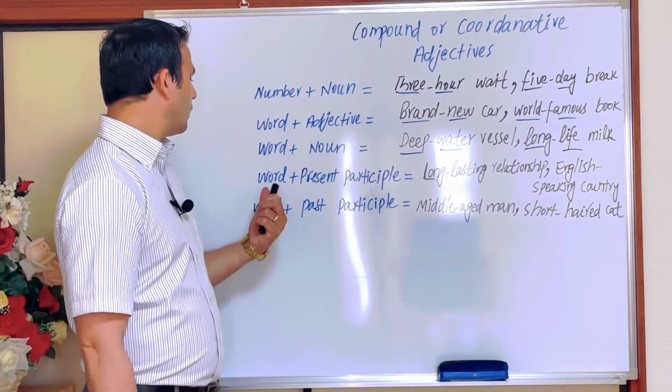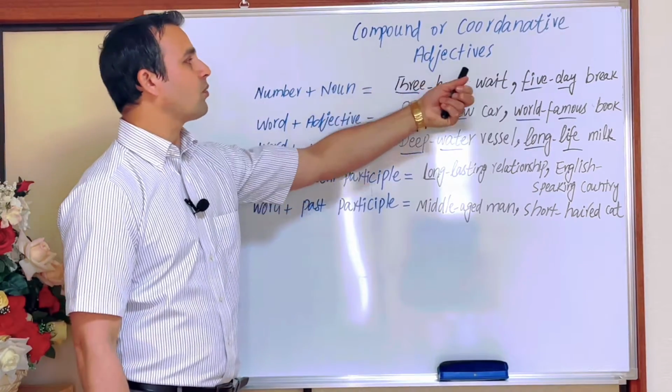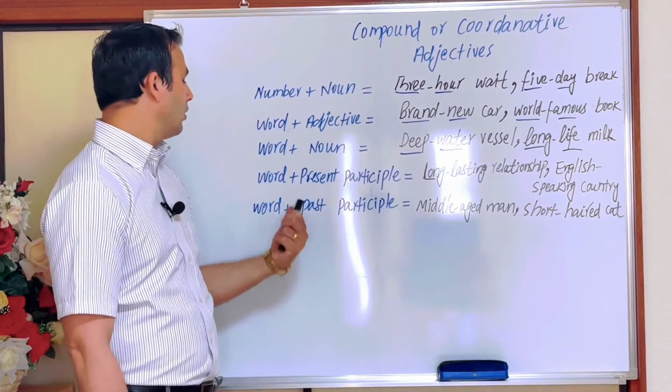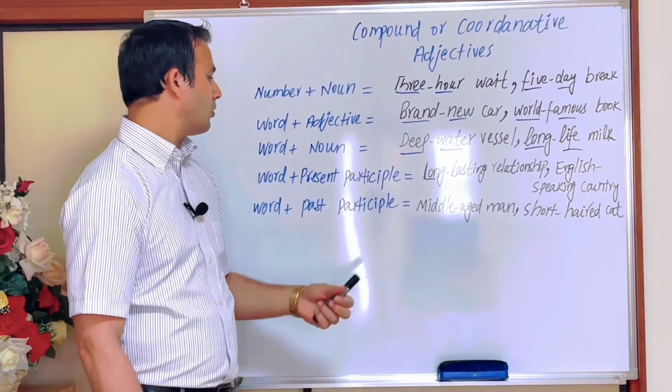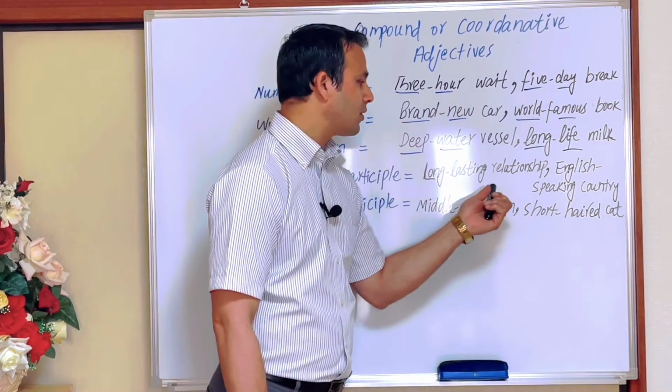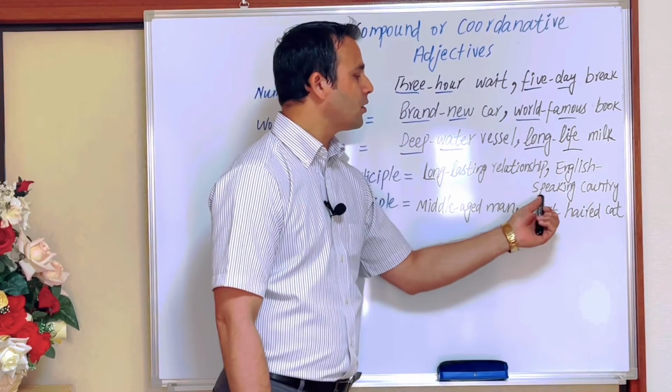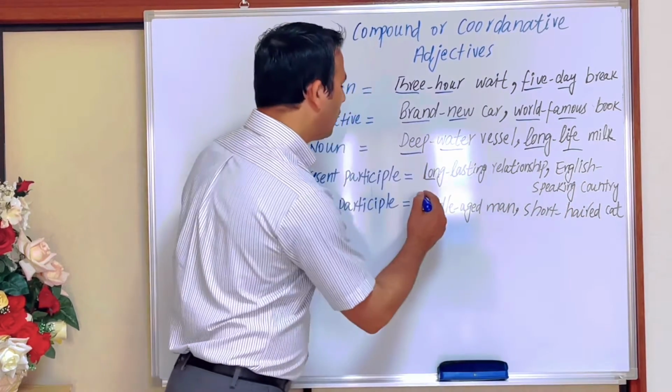Next example, we can make compound or coordinative adjectives by putting the word and present participle form together, like long lasting relationship, English speaking country.